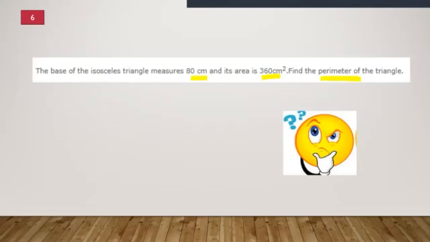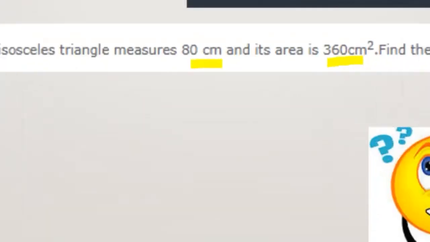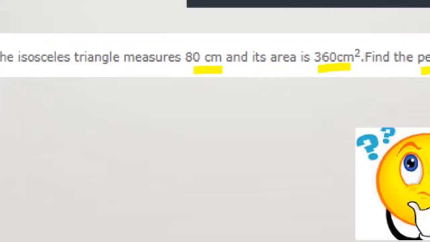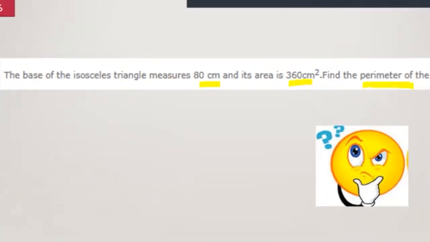Area is 360. Wait, I'll again magnify. So base 80 and the area 360.